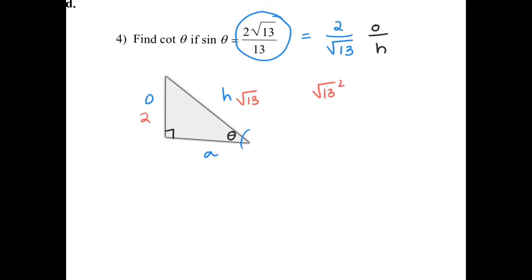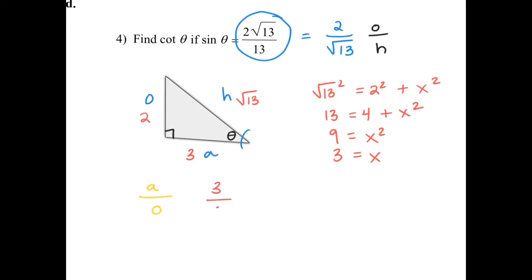Root 13 squared is equal to 2 squared plus x squared. A root and a square are just going to cancel, so I'm left with 13 is equal to 4 plus x squared. 13 minus 4 is 9. That is a perfect square, so x is equal to 3. So my adjacent is 3. Since I'm looking for cotangent, which is adjacent over opposite, I have 3 over 2.